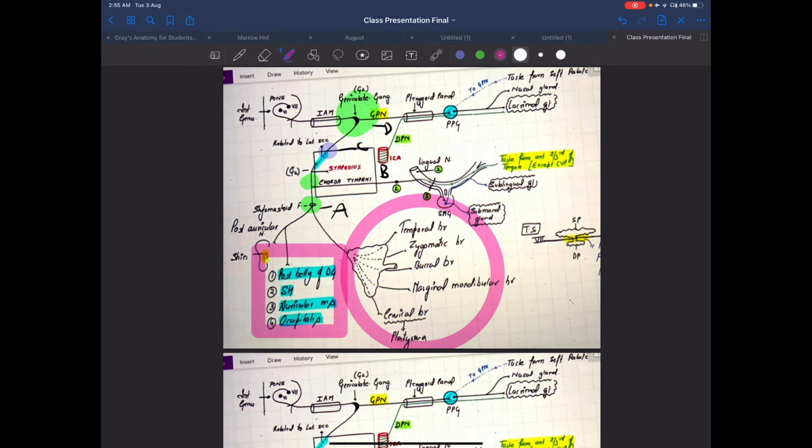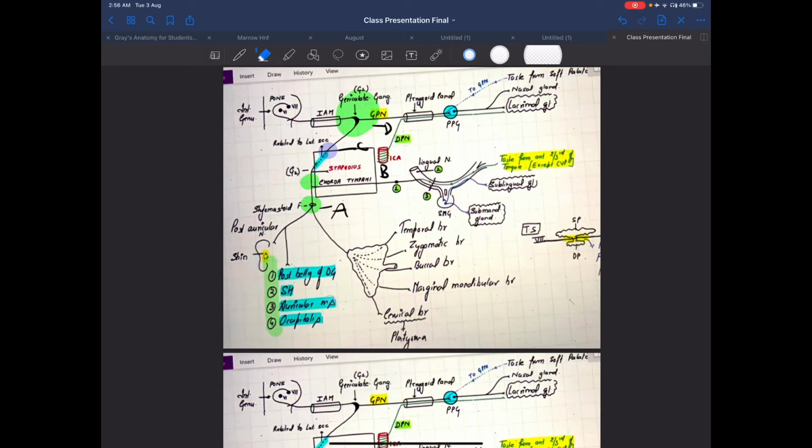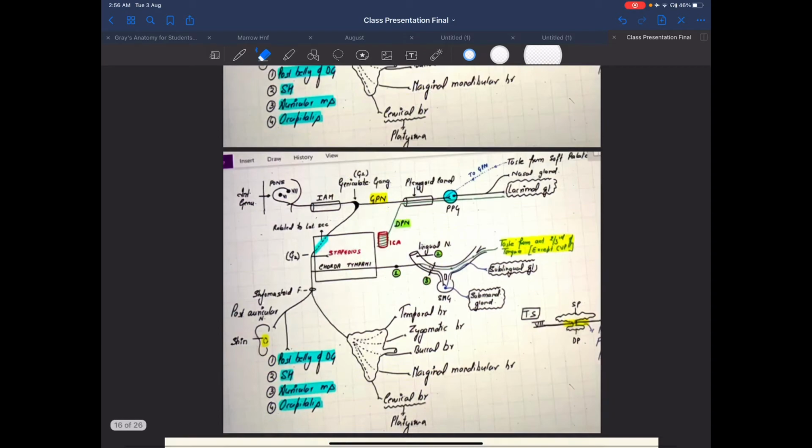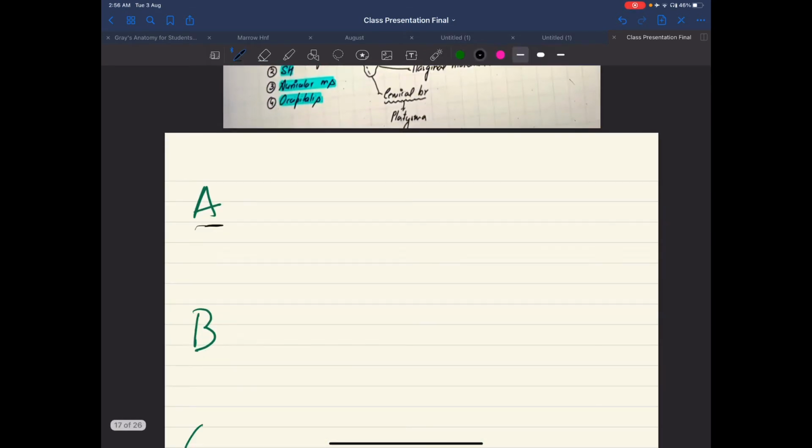These four muscles are supplied by the posterior auricular branch. So these four are damaged, and the entire five motor branches of the facial nerve that we study: temporal, zygomatic, buccal, marginal mandibular, and cervical branch. These will be damaged. What will that cause? Bell's palsy.